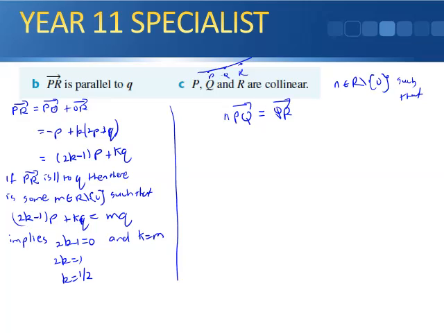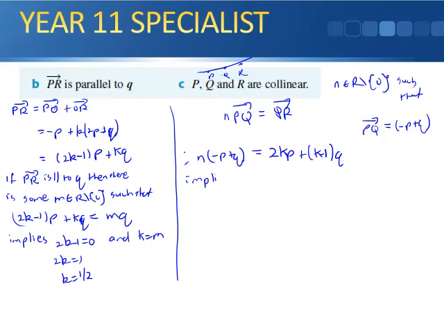I'll continue with it. So PQ, if we work that out, we'll get negative p plus q. So therefore I get n(negative p plus q), and QR we've already worked out will be 2kp plus (k minus 1)q.